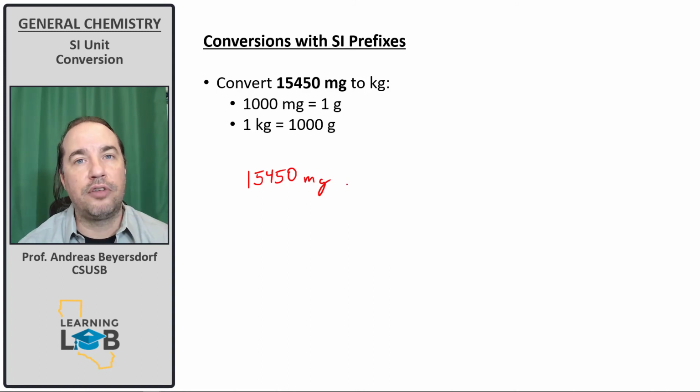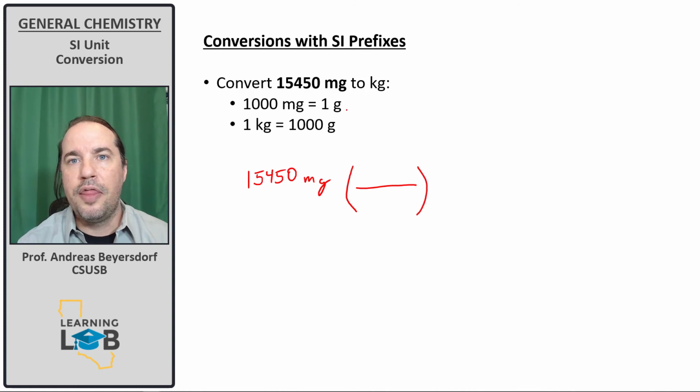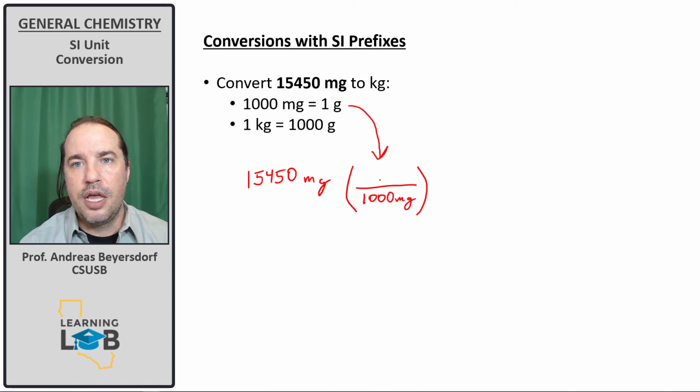So I have 15,450 milligrams. I'm going to use this first conversion to say that 1,000 milligrams equals 1 gram. The milligrams will cancel out. And then, now that I'm in grams, I can go to kilograms by using that second conversion.